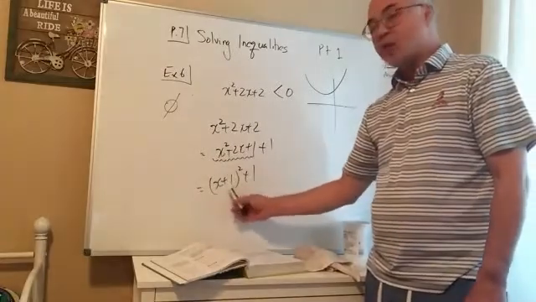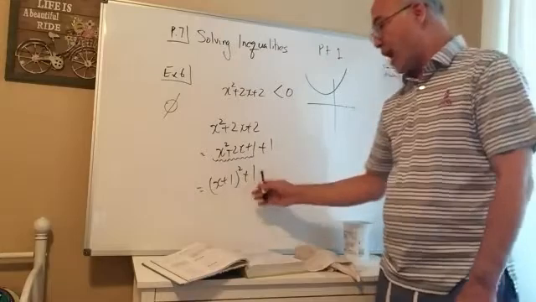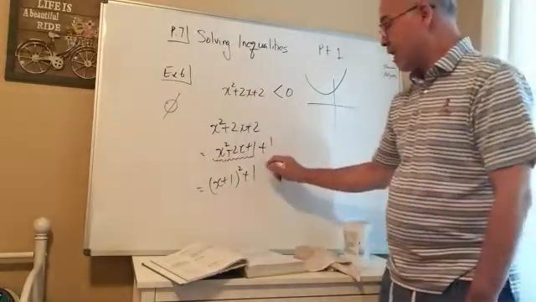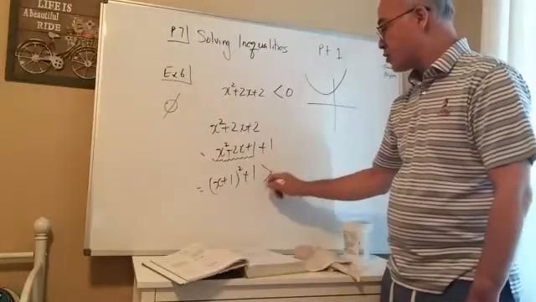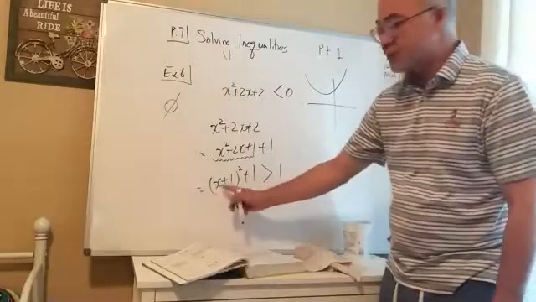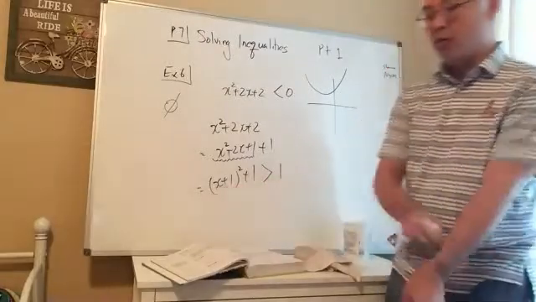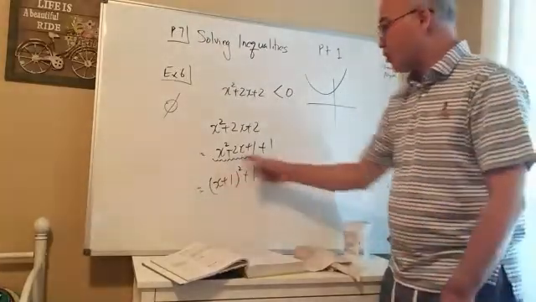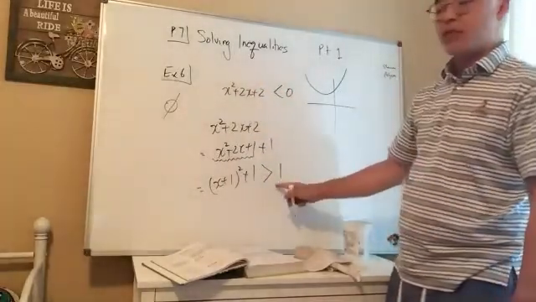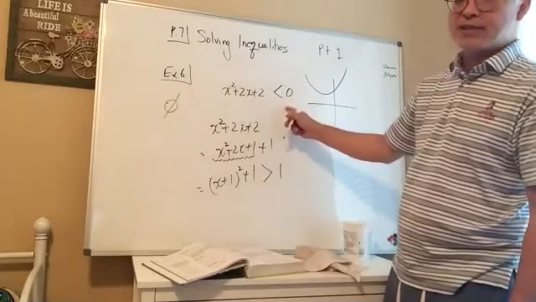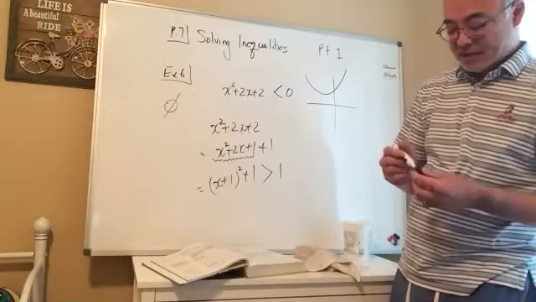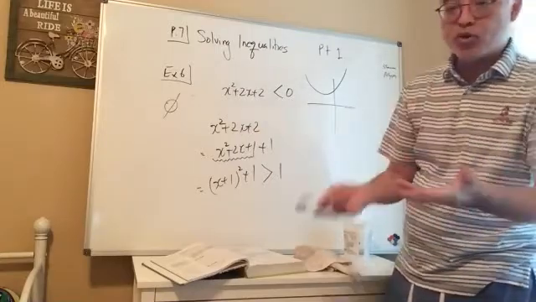So if this is always at least 0, and you add 1 on top of that, this is always at least 1, because the smallest this can ever be is 0. So this value is always greater than 1, so it's never going to be less than 0. Does that make sense? That's a different kind of approach, right?